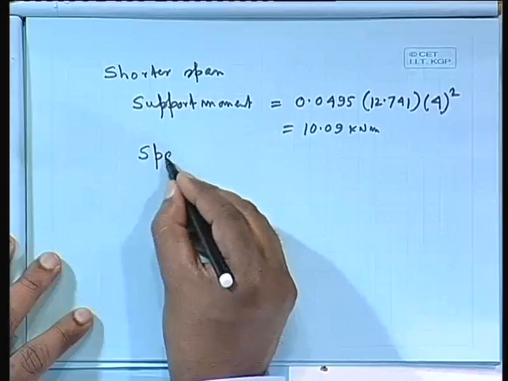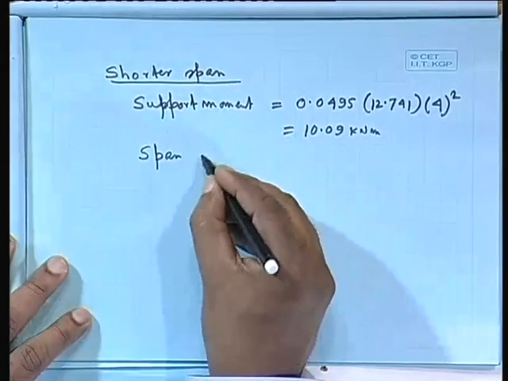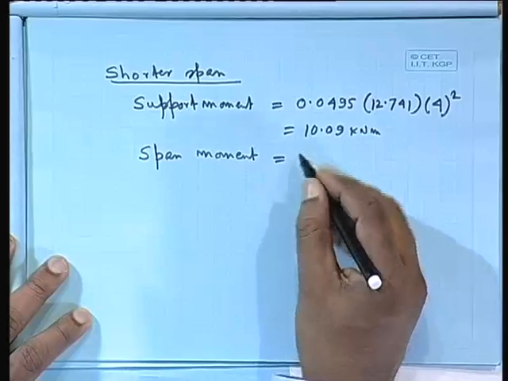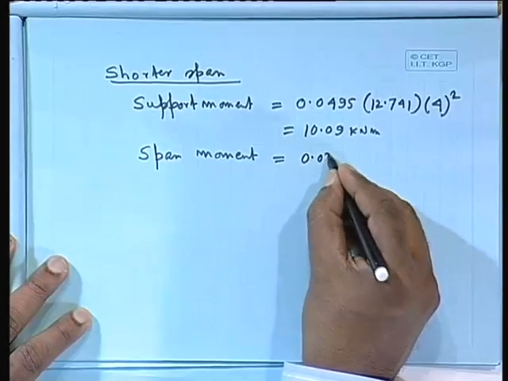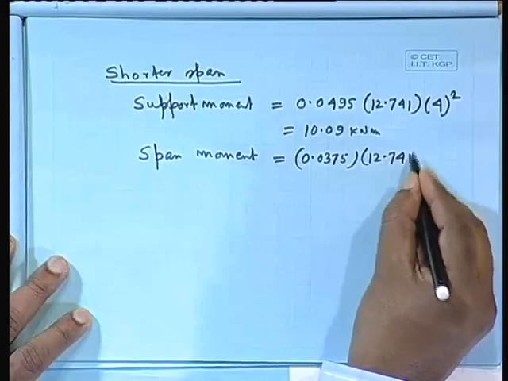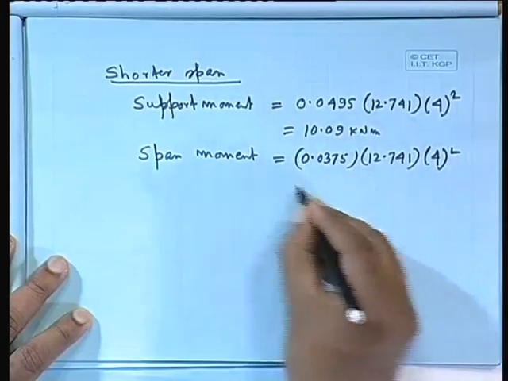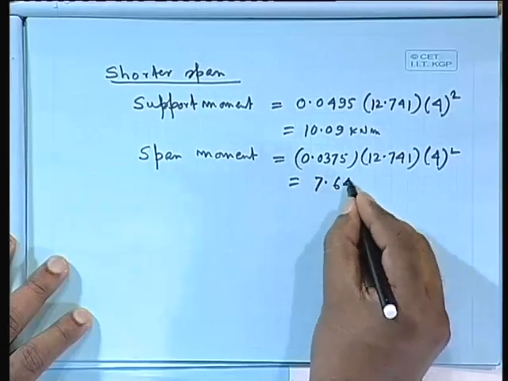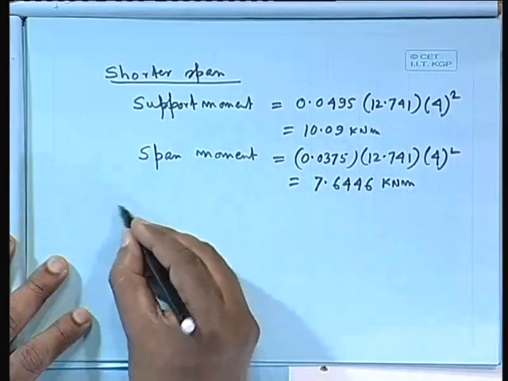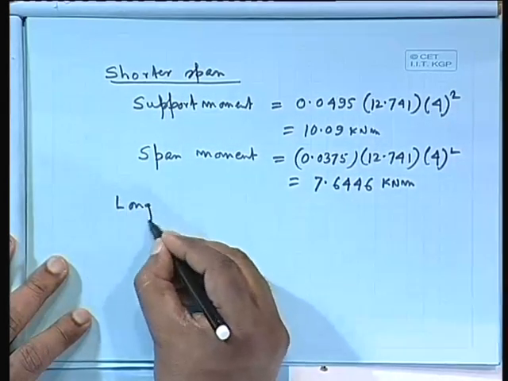Span moment in the shorter span, we can get it: 0.0375 times 12.741 times 4 square, 7.6446 kilonewton meter. What about the longer span?